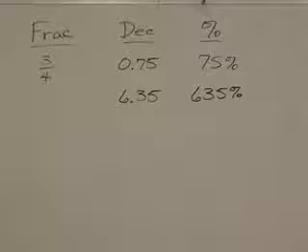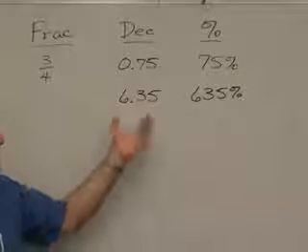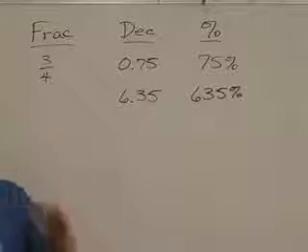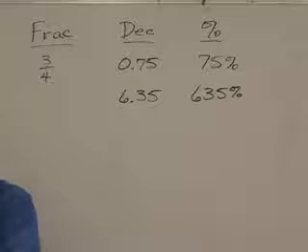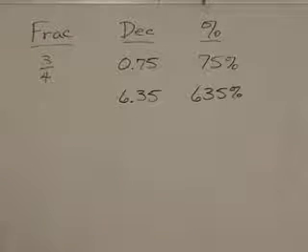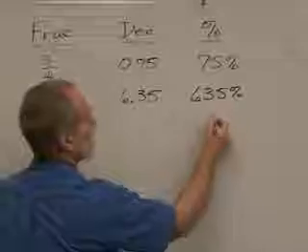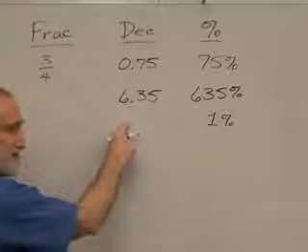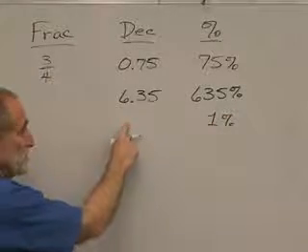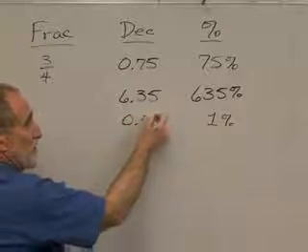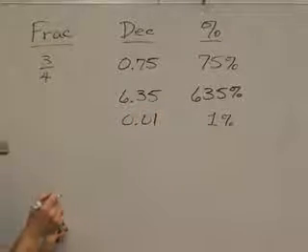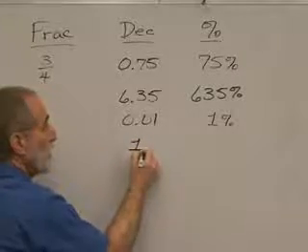Now, here's something that's good in math and it's good in all of life. When in doubt, remind yourself of something you know is true. 1% is what as a decimal? It's 0.01, isn't it? The whole number 1 is what as a percent?